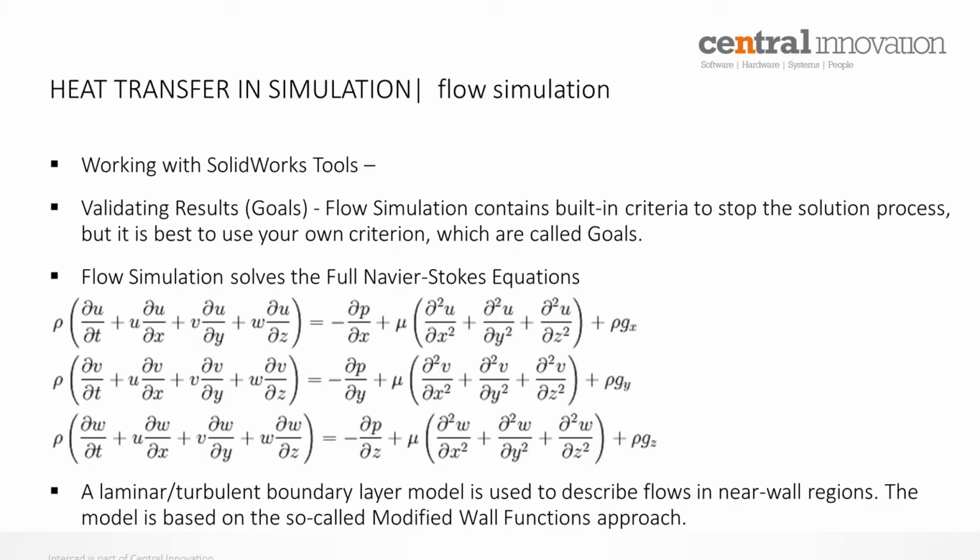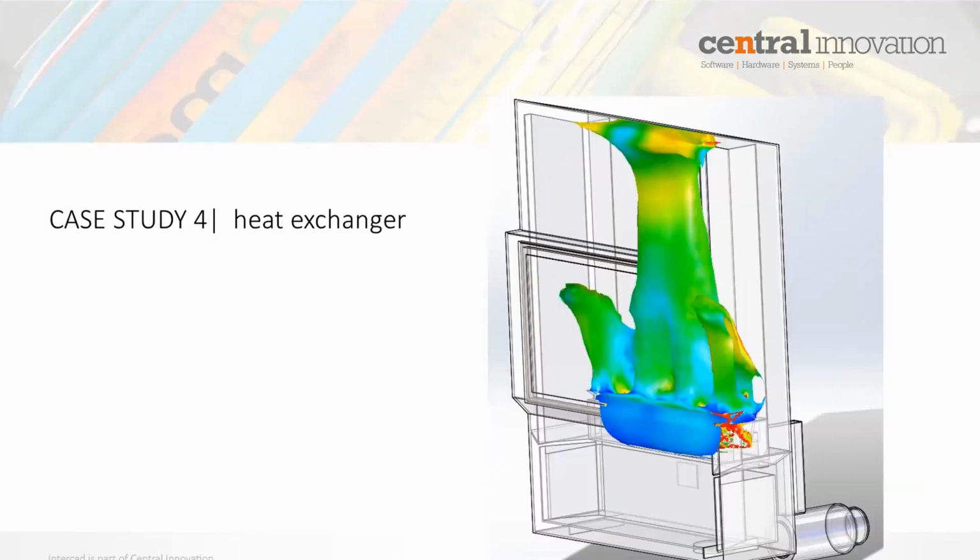Flow Simulation solves the full Navier-Stokes equations. So just for your entertainment, I've put an example of the equations on the screen. Luckily, you don't need to solve them yourself, so you might be there a very long time. SolidWorks Flow Sim uses a laminar turbulent boundary layer model to describe flows in near wall regions, and it's based on the so-called modified wall function approach.